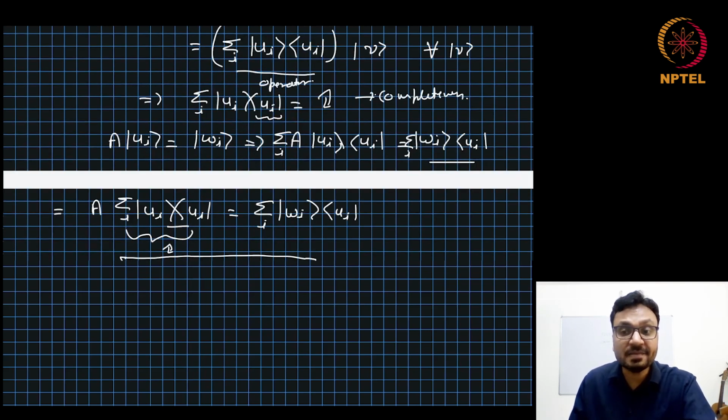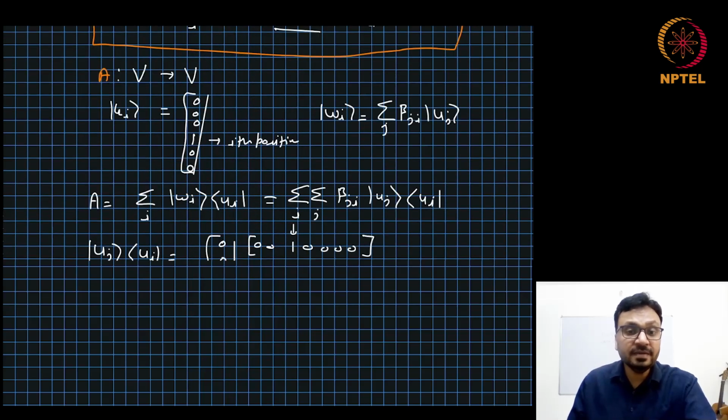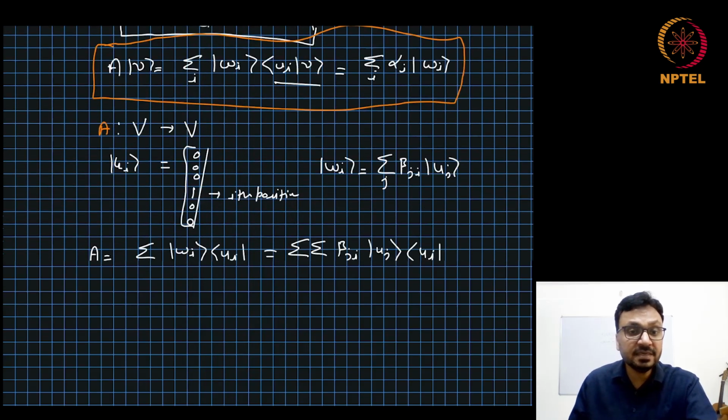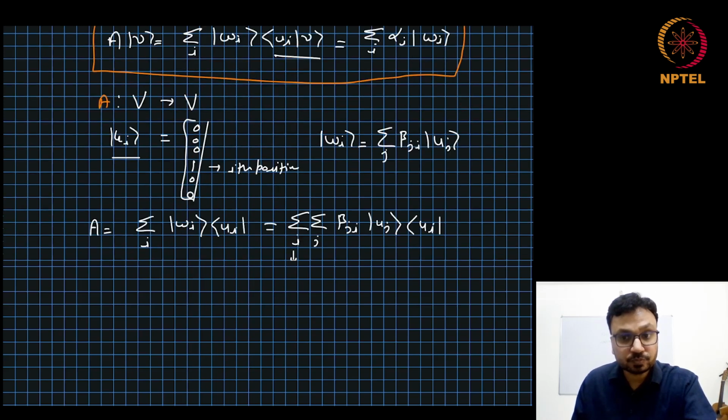Okay, so this is still abstract because we do not have any representation of the vectors Ui or omega i. So to get a proper matrix representation, first we represent the orthonormal basis Ui as a column vector, so that the bra becomes the row vector, and we decompose omega i in a similar orthonormal basis. For simplicity we assume V1 equals V2, but if it is not equal, then omega i can be decomposed in some other basis of the vector space V2.